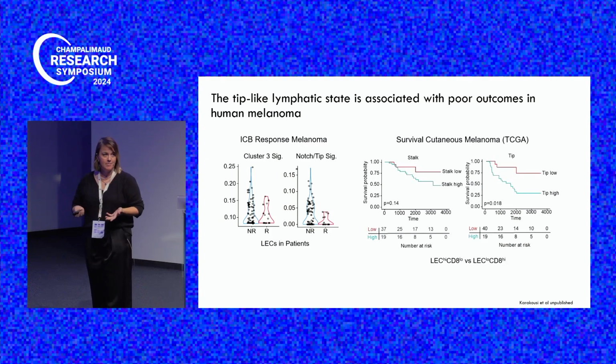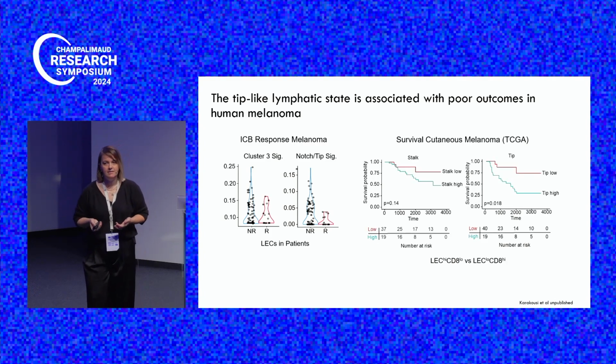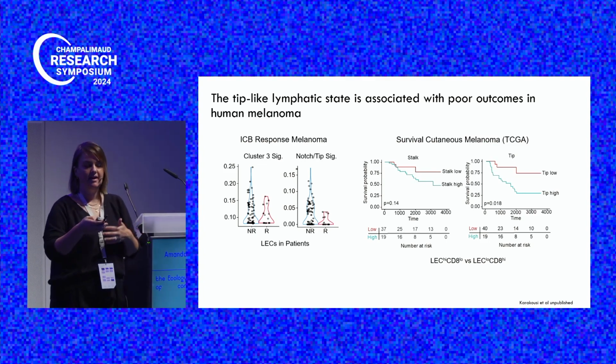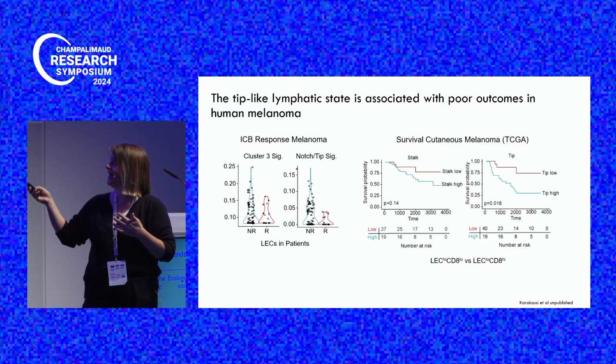If we stratify the melanoma cohort in TCGA, specifically by signatures that define lymphatic endothelial cells together with these TIP-associated genes, we are able to stratify outcome.